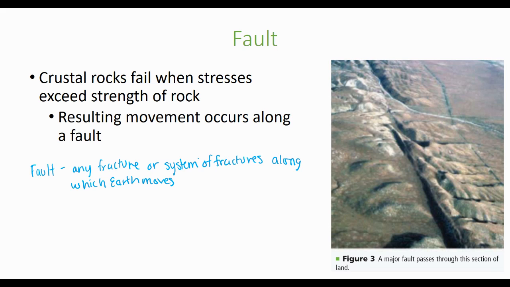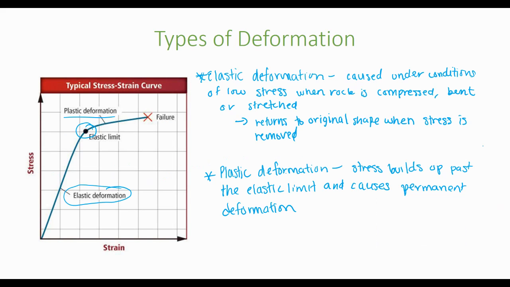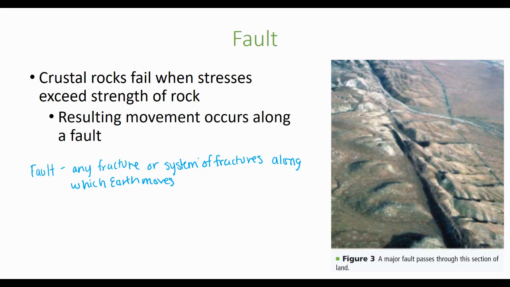So crustal rocks are going to fail when stresses exceed the strength of the rock, as we saw on the last slide. Right here, this is failure. Once the stress overcomes the strength of the rock, then they fail. And then that results in movement along a fault line. And a fault is any fracture or system of fractures along which the Earth moves.